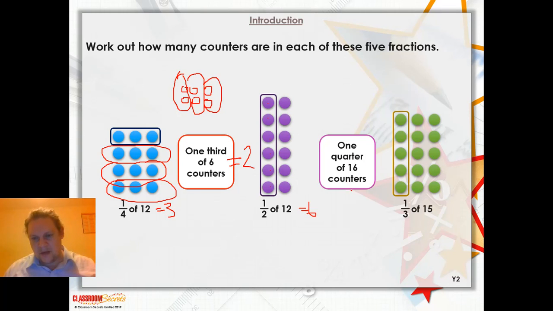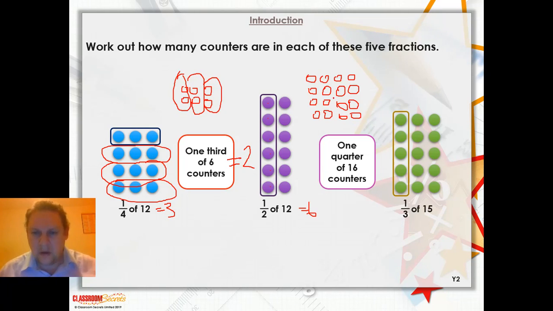1/4 of 16 counters. We've got to draw 16 counters. 1, 2, 3, 4, 5, 6, 7, 8, 9, 10, 11, 12, 13, 14, 15, 16.